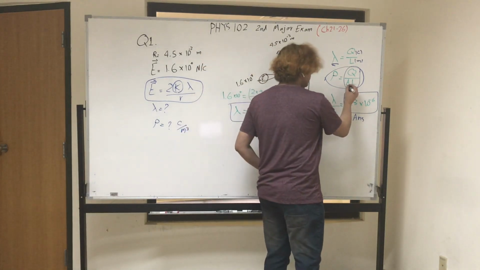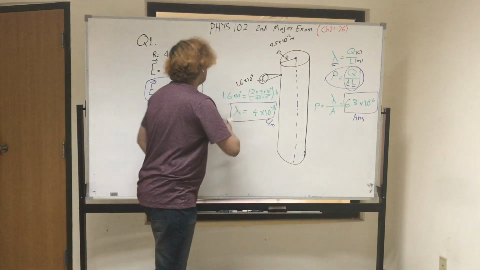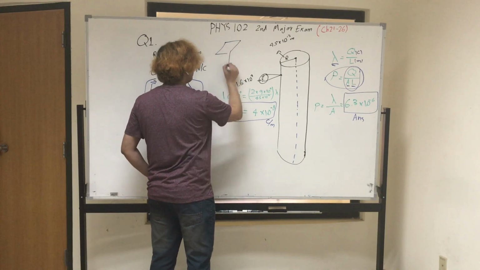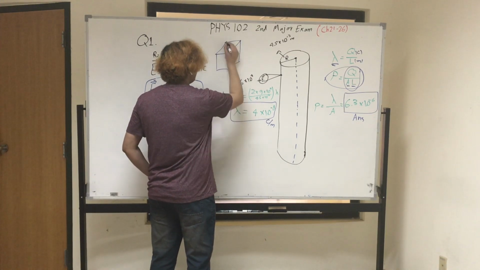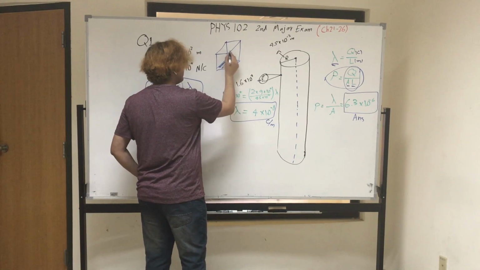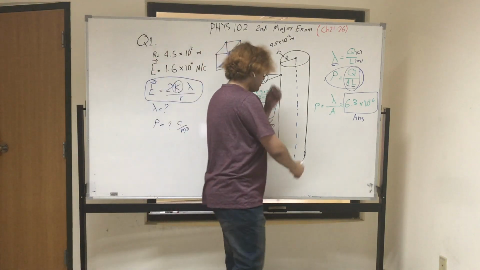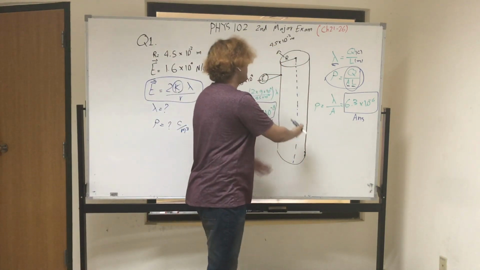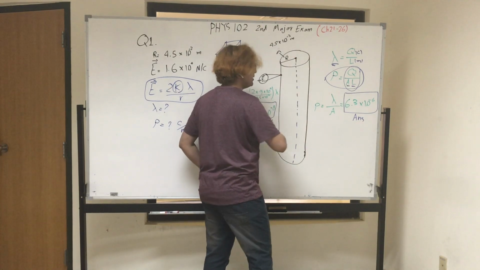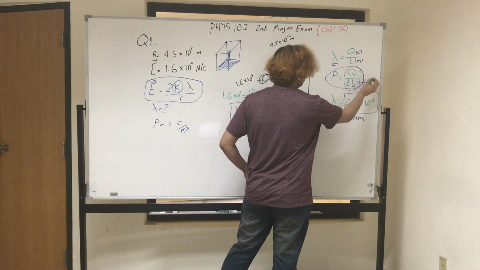Area times length is equal to the volume, like for any symmetrical shape. For example, if you multiply the cross-sectional area of a cube times its height, you get the volume of the cube. So to get the volume of the cylinder, we multiply the cross-sectional area times the length of the cylinder, and this here is the volume.